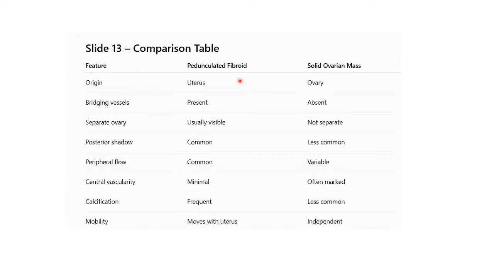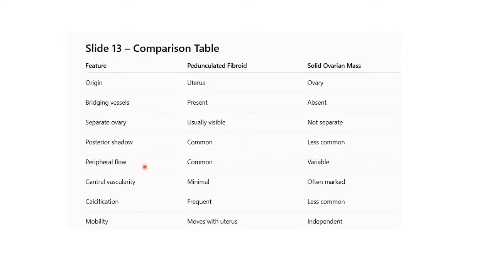So the comparison table, the feature: pedunculated fibroid, ovarian mass. So the origin, uterus or ovary. The bridging vessels, they are present or absent. The separate ovary, usually visible, not separate. So posterior shadow for pedunculated fibroid is common, whereas in solid ovarian mass is less common.